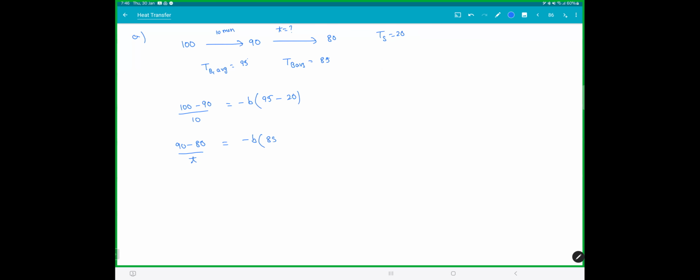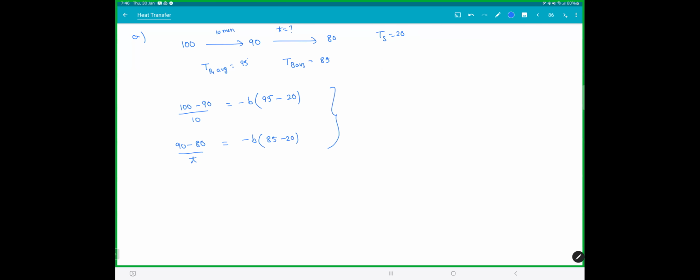You're going from 100 to 90, and 90 to 80. This took 10 minutes. This time we don't know. So here the T body average was 95. Here T body average was 85. So the temperature difference: 100 minus 90 by time 10 minutes is minus b into T body average 95 minus surrounding 20. For the second one, 90 minus 80 by time, which I don't know, is minus b into 85 minus 20.